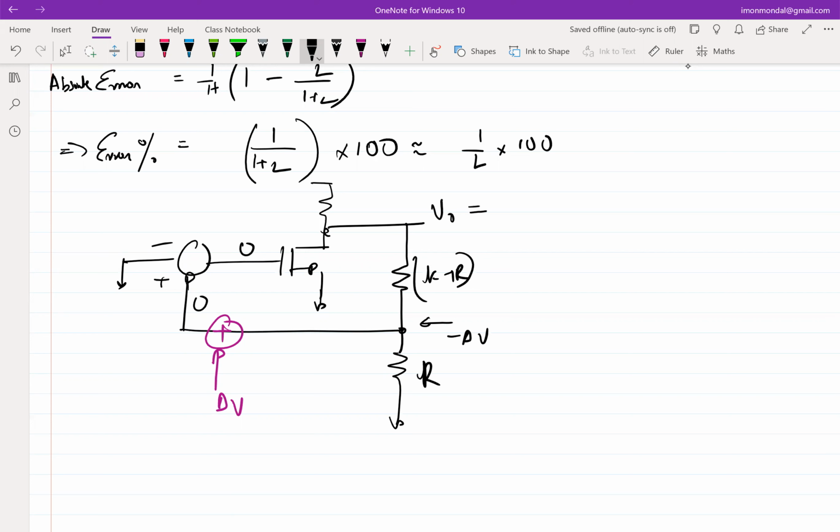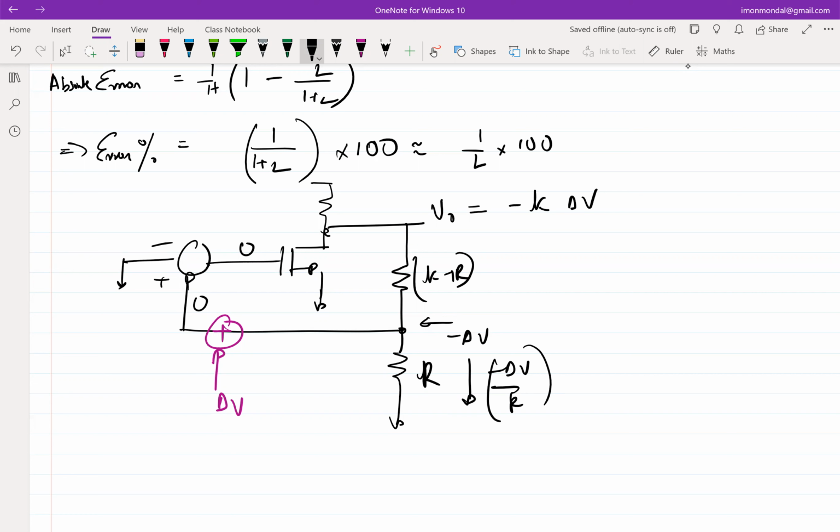What will V naught be? No, right? If this is delta V, this current is minus delta V by R. It will be minus K times delta V. Why is ID 0?